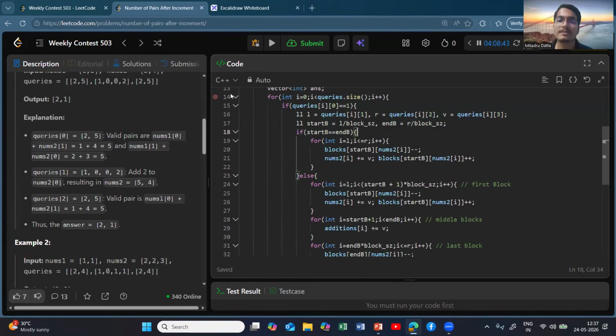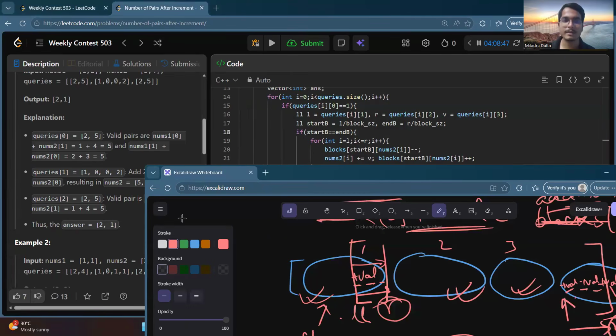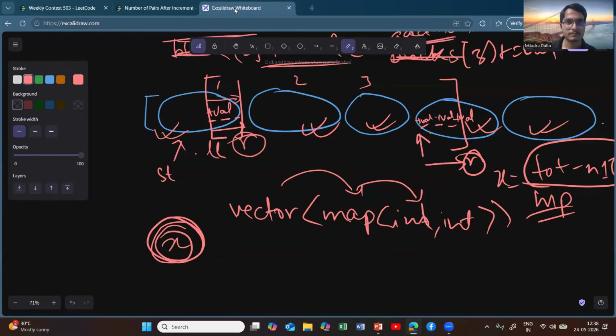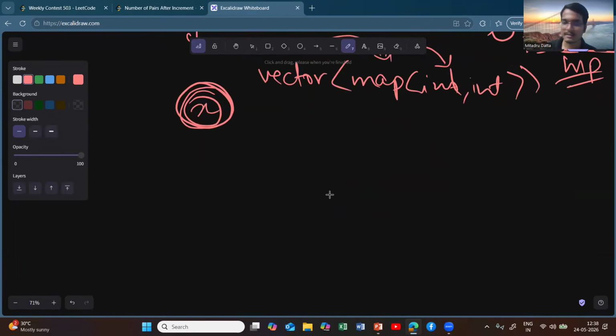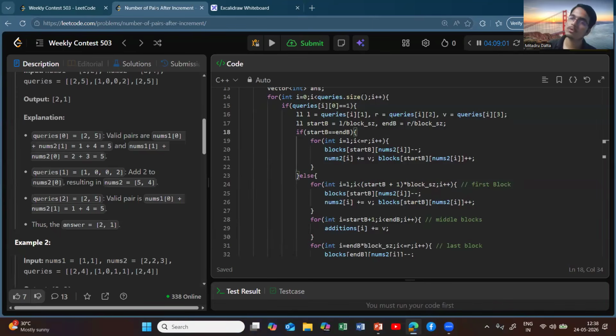Now, if the starting block is equal to the ending block, what does this mean? This simply means that both L and R lie in the same block, and then you just need to iterate through this particular block. No haphazard way of doing that.